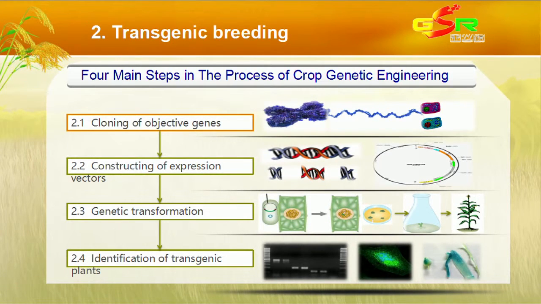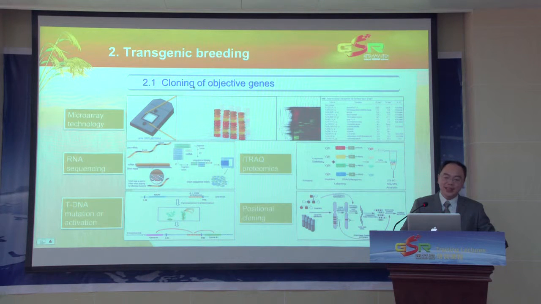Next, I will give you a detailed description step by step. The first step is cloning of objective genes, so we can use these genes in transgenic breeding.